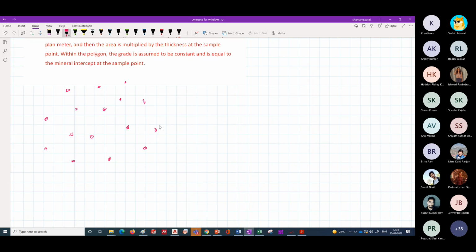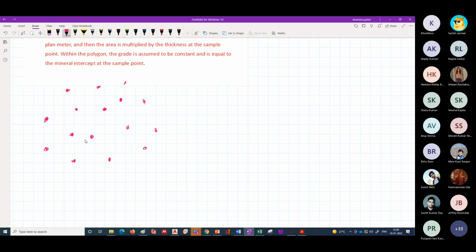Why is it not in a regular pattern? Is it possible that it will not be regular? I said these are the boreholes from where we took the information.